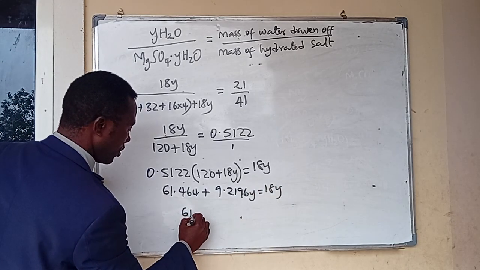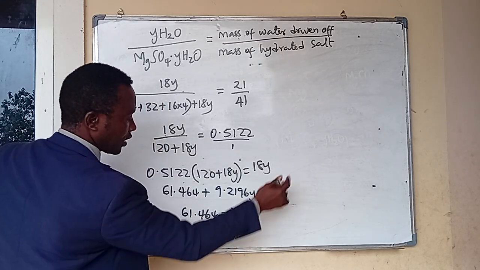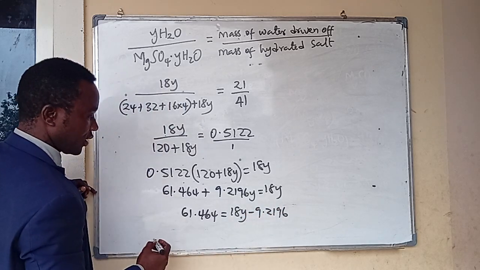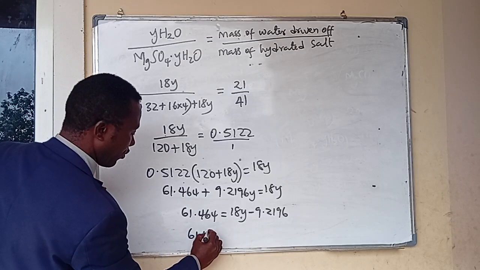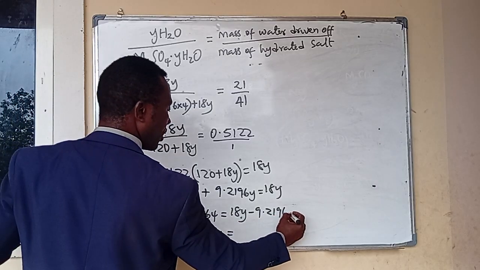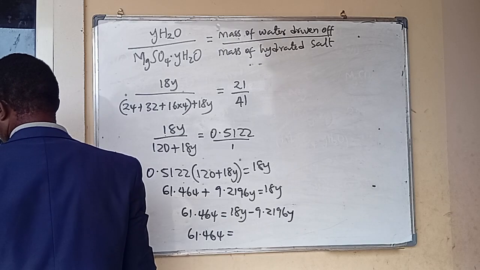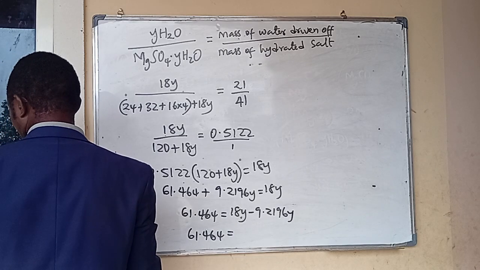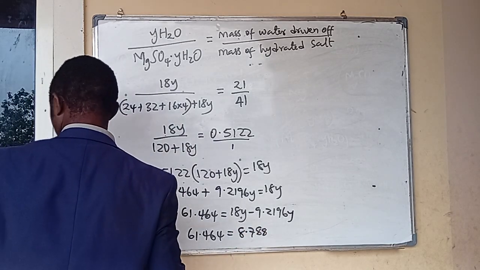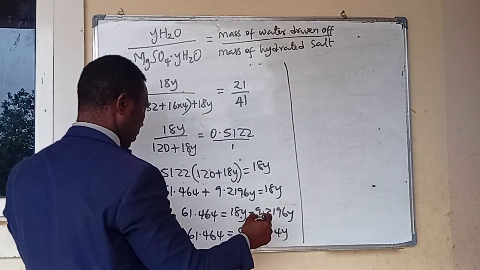So we'll have 61.464 equals 18Y, and when this comes to the other side, it becomes minus 9.2196Y. So 61.464 will be equal to 18Y minus 9.2196Y, which will give us 8.78804Y.